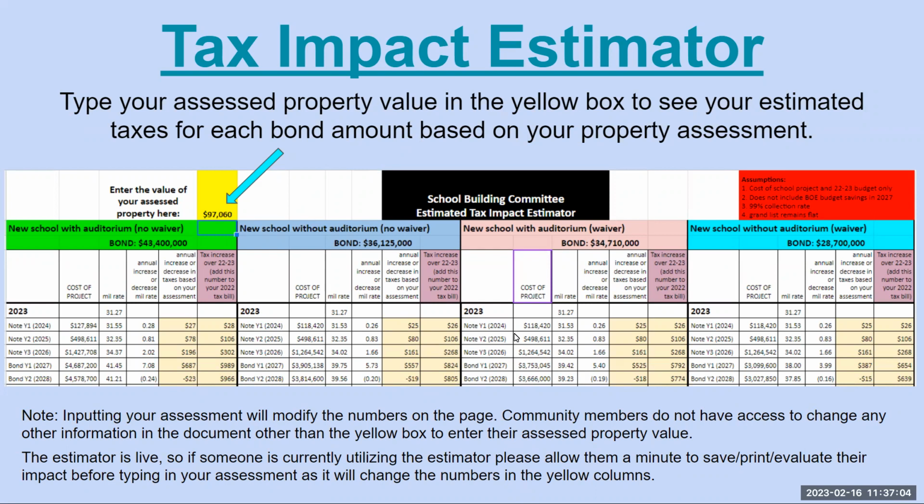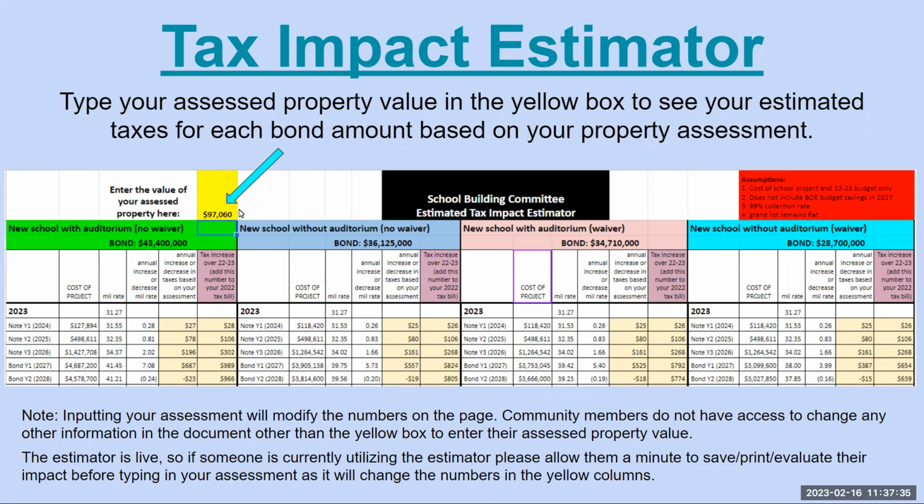The project costs estimated are between 28 million and 43 million, and those depend on if there's an auditorium or not, and if there's an additional waiver approved by the state of Connecticut or not. You will then enter in this yellow box right here the number that you wrote down, that's the assessed value of your property. The assessed value of that 50 Mason Road was $97,060.